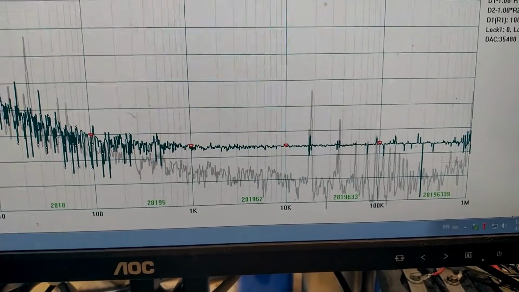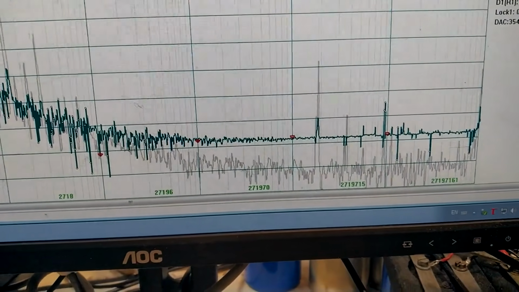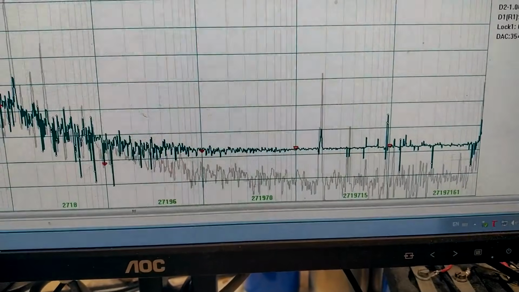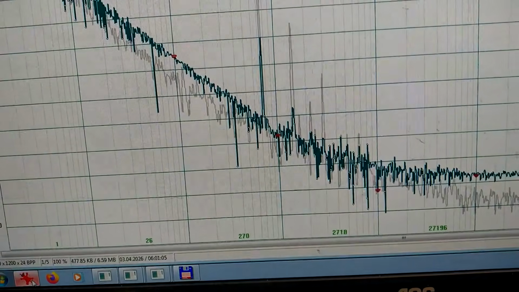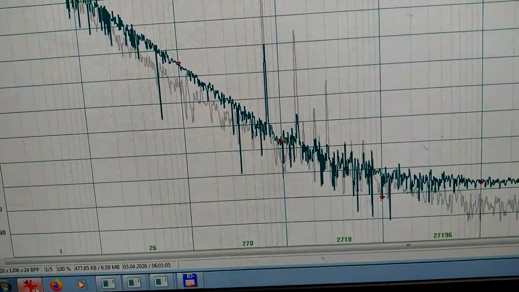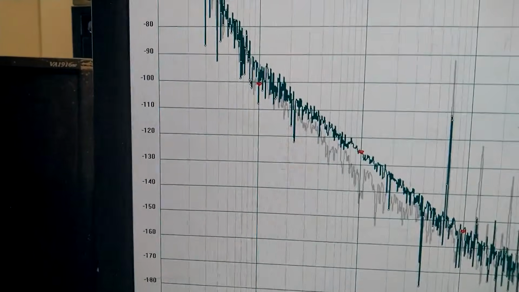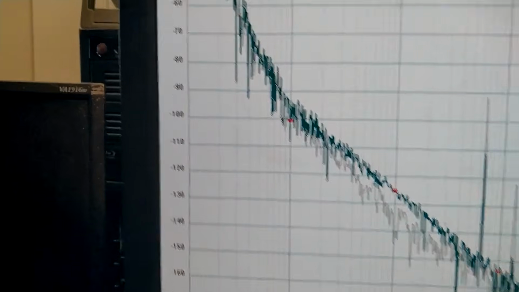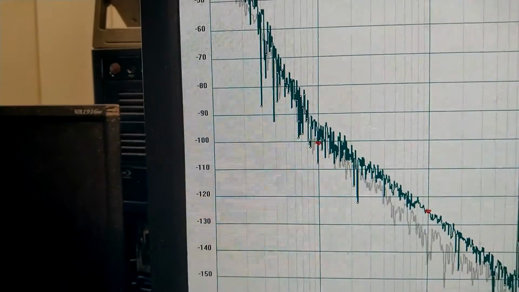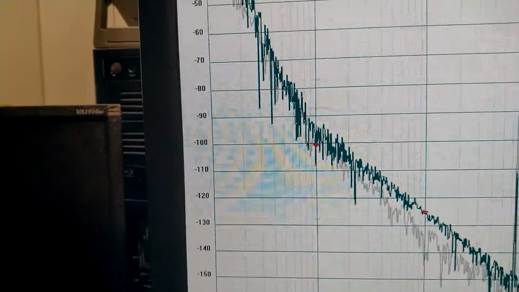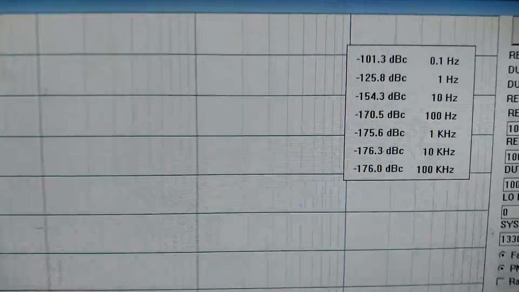This is what I have now, and this is with about 2 decibels more power. And I can look here. There are no significant differences.